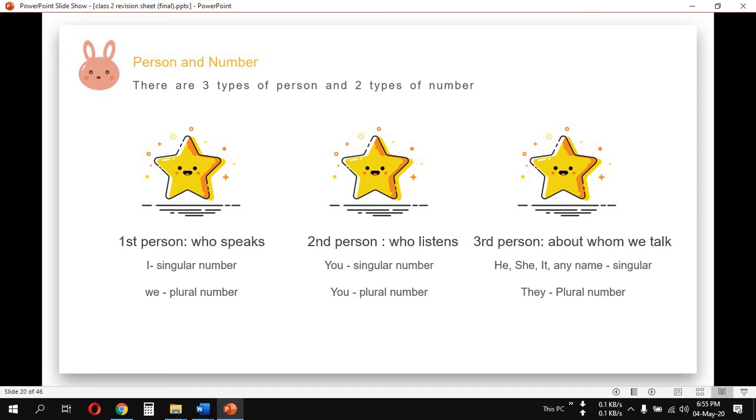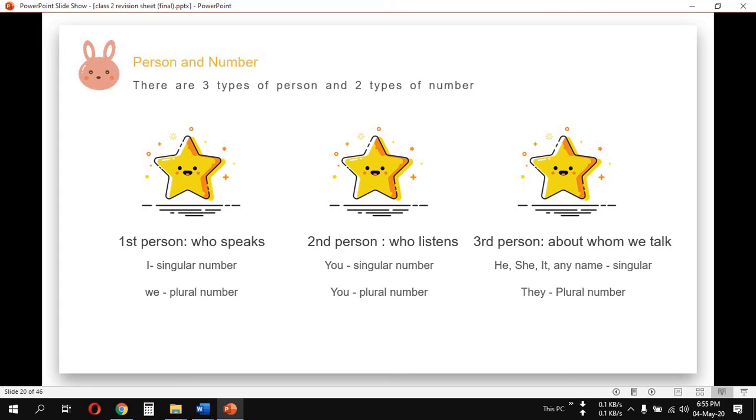and the pronouns I and we are the first person, where I is singular number and we is plural number. Second person means who listens, and the pronoun you is the second person, and it is the same in both cases, singular number and plural number.